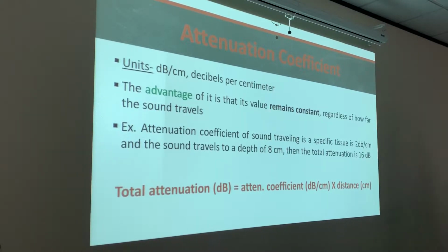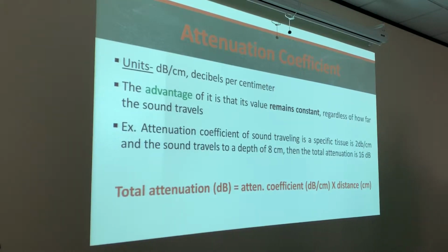In this case, 2 decibels per centimeter, traveling at a depth of 8 centimeters. Multiply those two numbers, and you get the total attenuation of 16 decibels. Even if we were traveling 20 centimeters, what would our attenuation be?